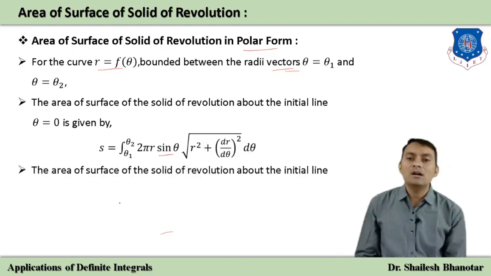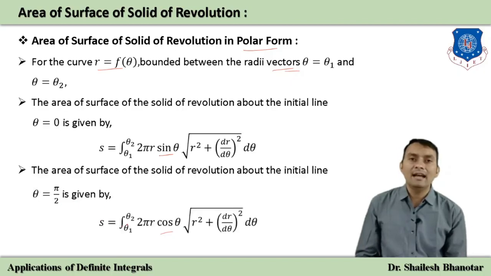And when we rotate about the line theta equal to pi by 2, S equals the integration from theta 1 to theta 2 of 2 pi r cos theta into the square root of r square plus (dr by d theta) square, into d theta.